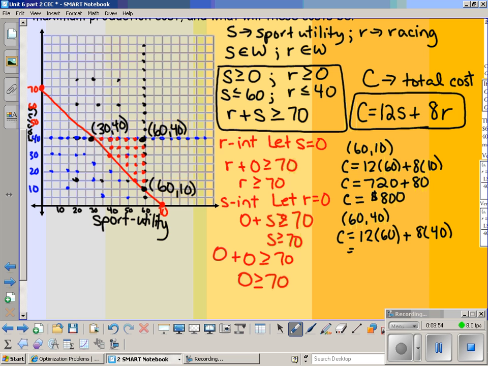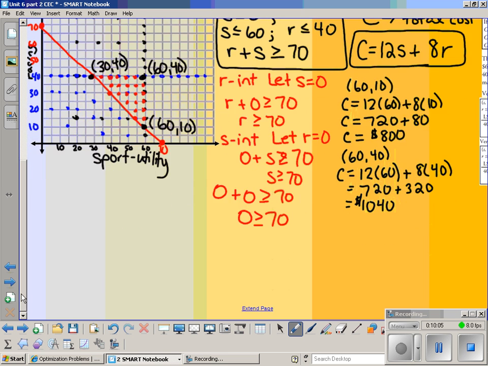We will end up with 720 plus 320, which is 1,040. Then our third vertex, which was 30, 40. We'll have 12 times 30 plus 8 times 40, which is 360 plus 320, which is $680.